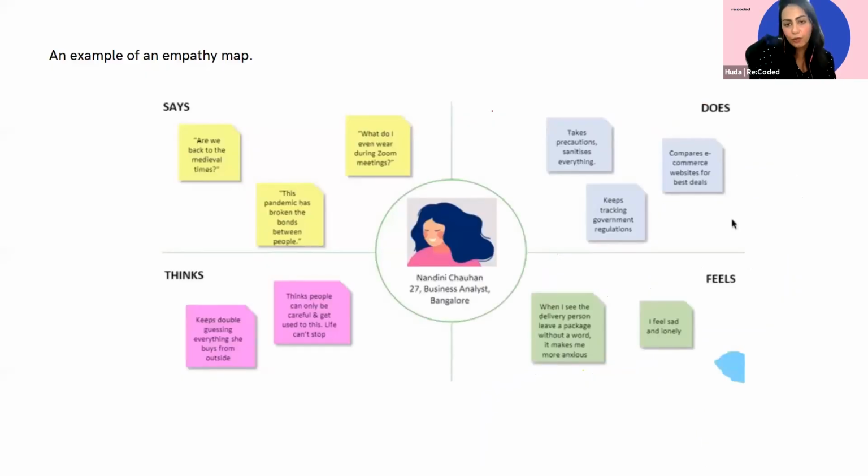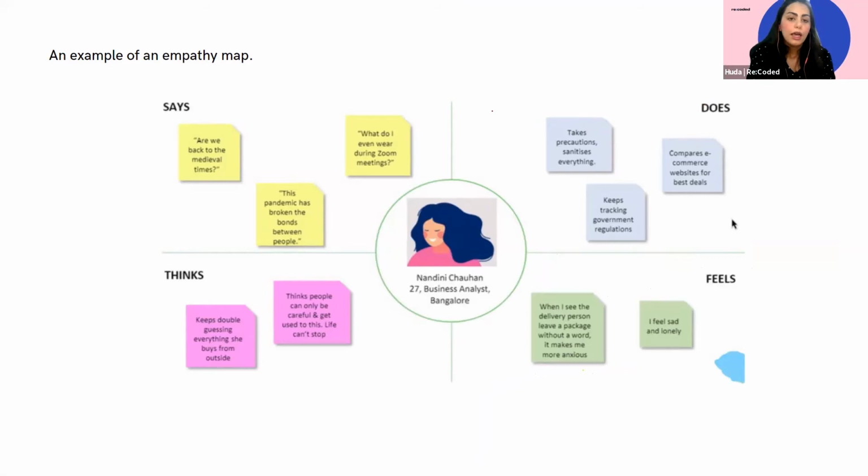We can make a cross like this and separate the information that we got from the interview into 4 categories: what the user says, what the user does, what the user thinks, and what they feel.